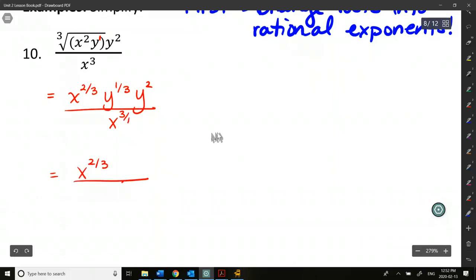Think of it as x to the exponent 3 over 1. I need to write that with a denominator of 3. So multiply the bottom by 3 and the top by 3, we'll get 9 over 3. Okay, so I'm just finding a common denominator by multiplying in 3 on top and bottom there.